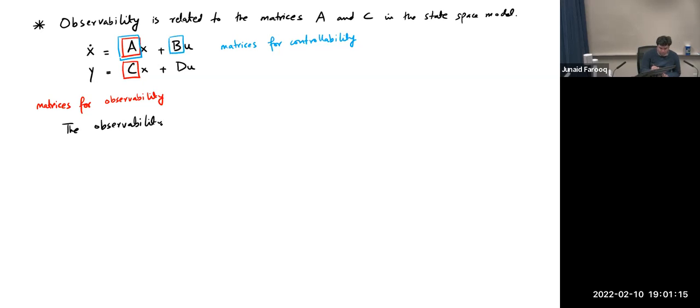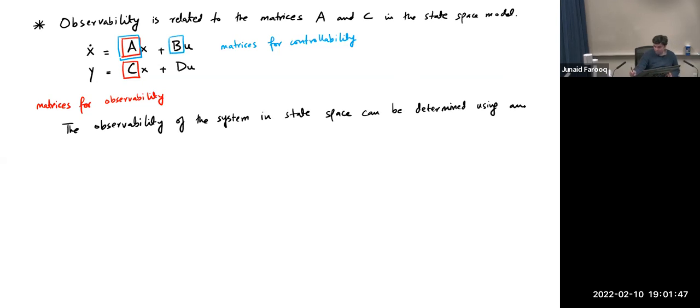So the observability of the system in state space can be determined using an observability matrix.